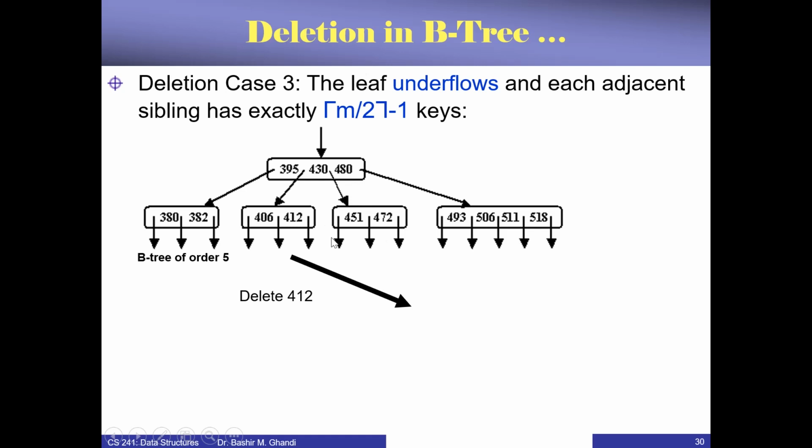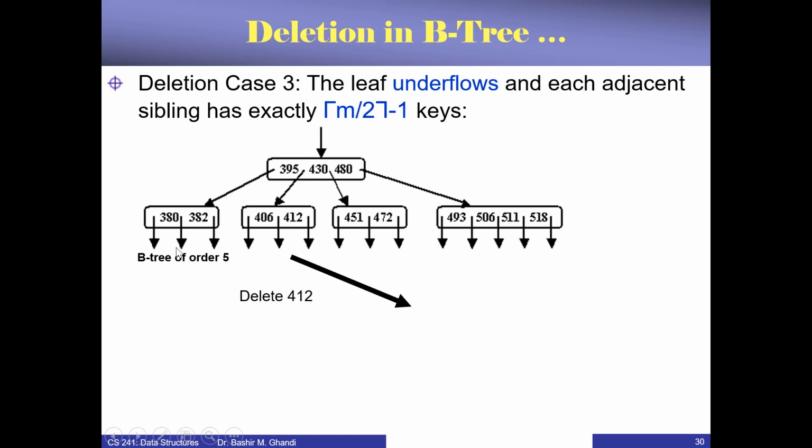Can you borrow from the right sibling? No, it is in the minimal state. It has only ceiling of order over 2 minus 1 keys, so you cannot borrow from it. Can you borrow from the left sibling? Again, no. It has the minimum number of keys. So you have to merge, therefore. This is the only option.